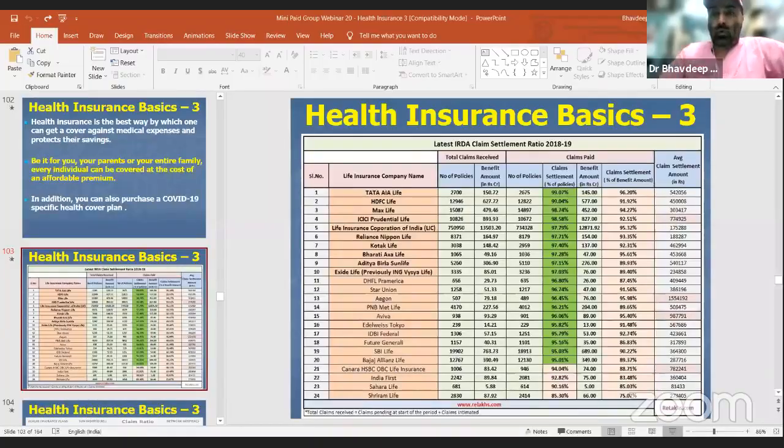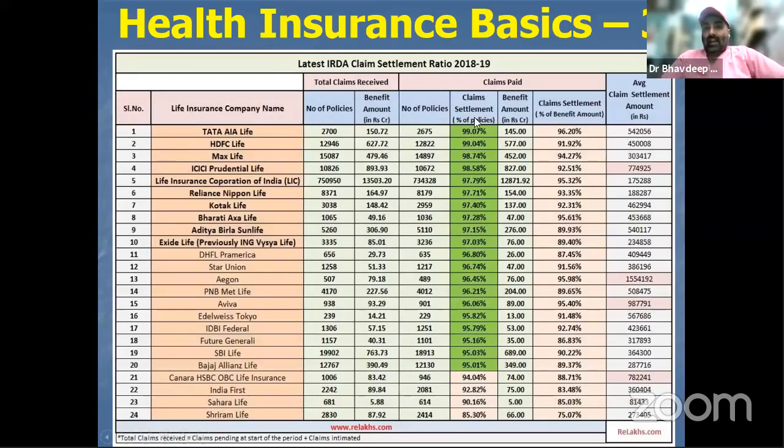So if you look at this chart now, it is actually divided into two parts. Number one is claims received and claims paid. Number of policies, claims received, number of policies, claims paid back.